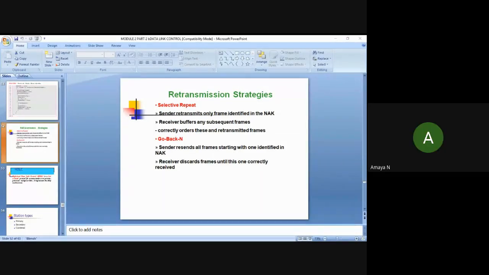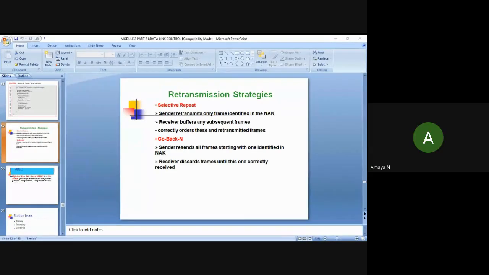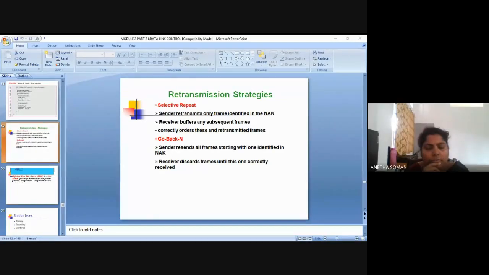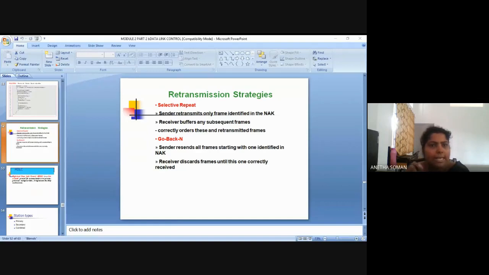In go back N, if there is any error in the data, the remaining data will be discarded. Then what happens in selective repeat? It will continuously send the data, and what happens when a frame is damaged? If there is any loss in the data, that data will be sent later and then the order will be rearranged.